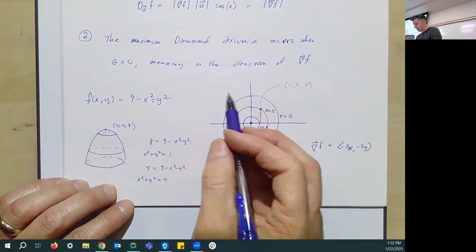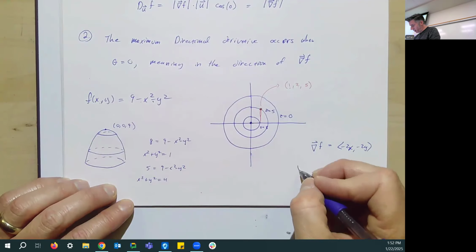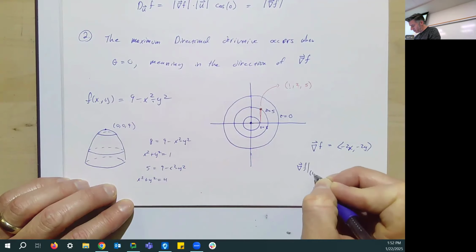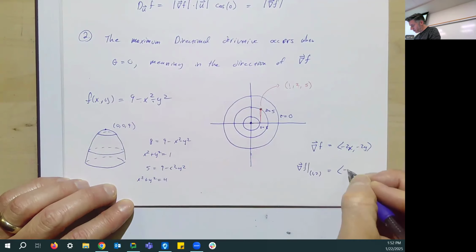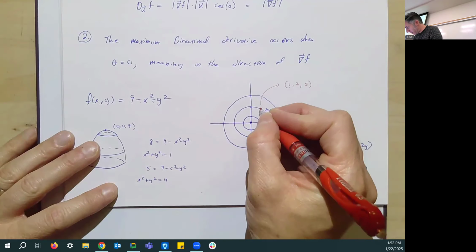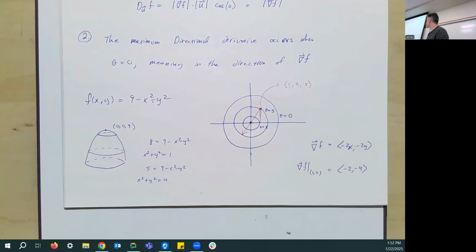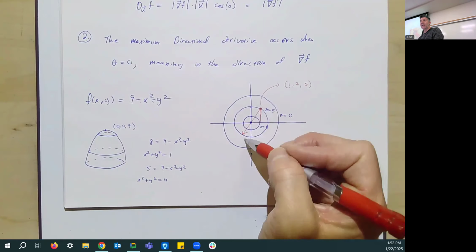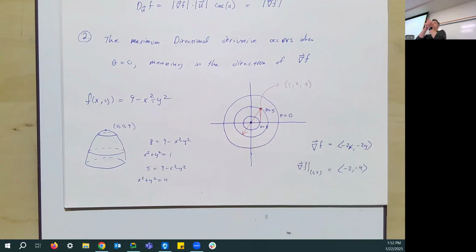If we plug in the point (1, 2), our gradient at (1, 2) is going to be (-2, -4), which points directly towards the origin, exactly the direction of travel that's going to cross those level curves perpendicularly. So we're pointing exactly this way. I've drawn it longer than I needed to, because you don't really care about the length of the vector when you're drawing the direction. But that's the whole idea: the gradient vector is pointing you up the mountain in the steepest way possible.